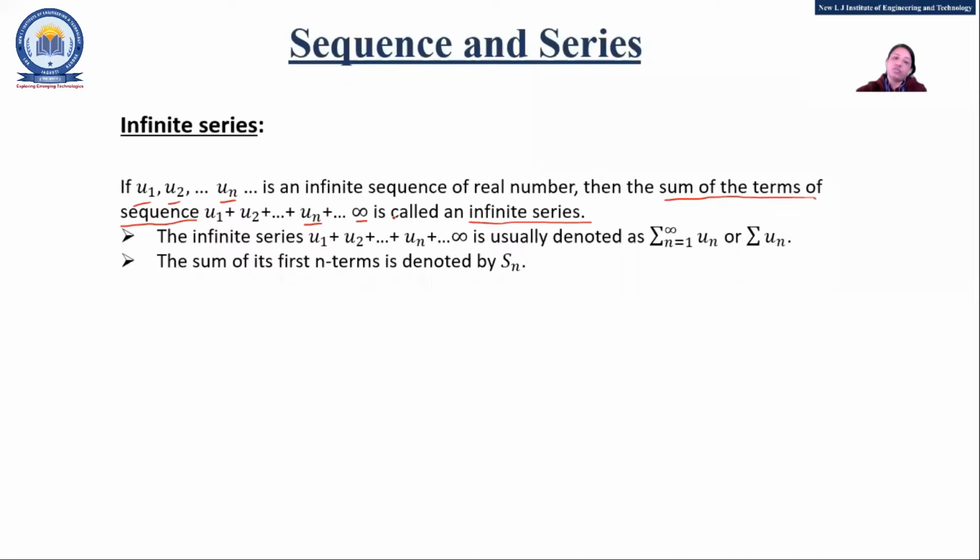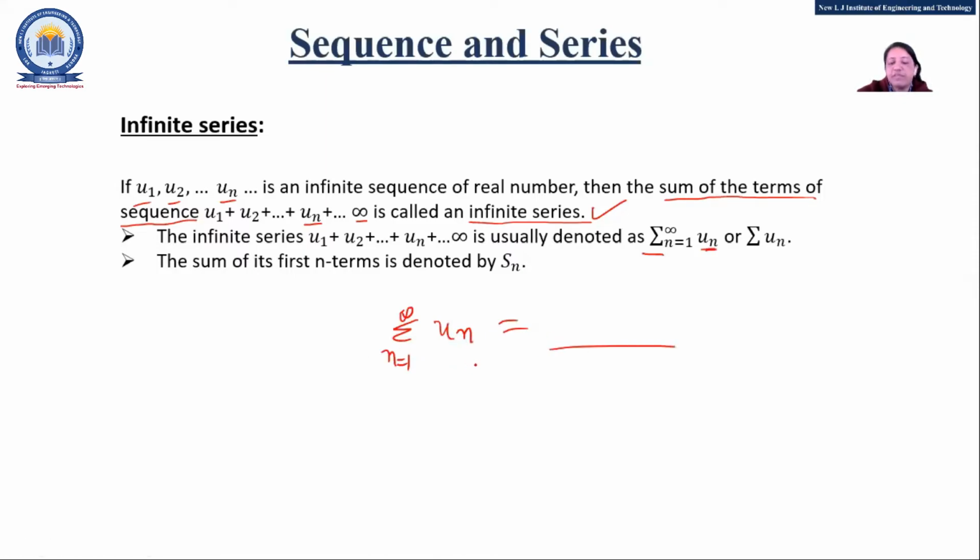That means there is a sequence which is infinite, and the sum of all of them is the series, and that is called an infinite series. Now how will the infinite series be denoted? Sigma, n equal to 1 to infinity of un.